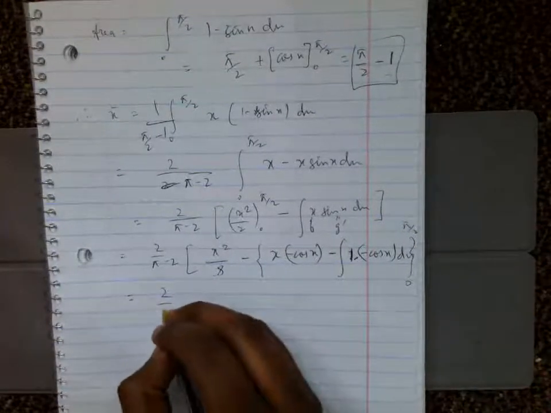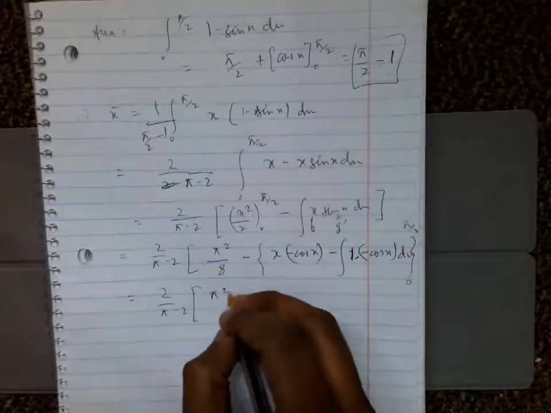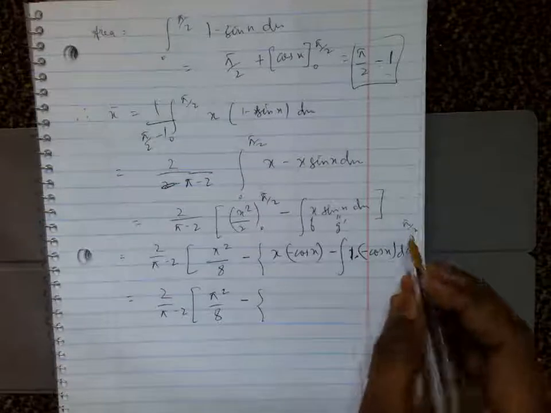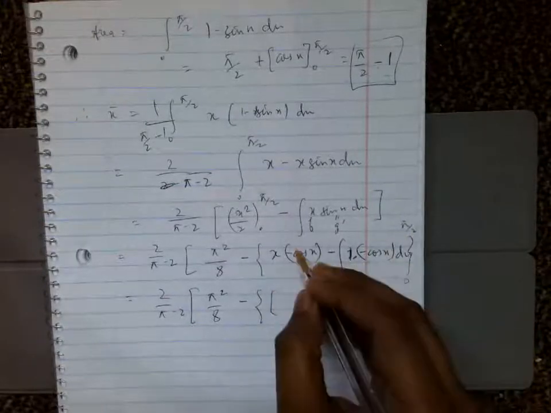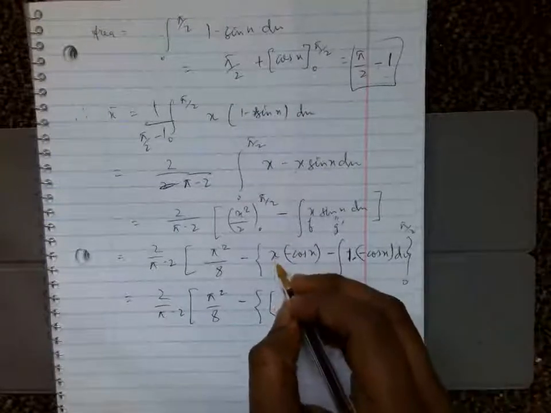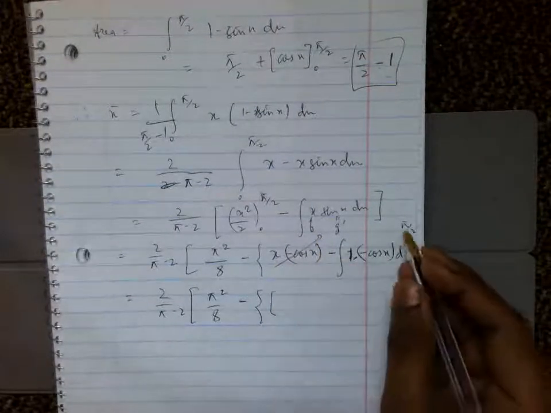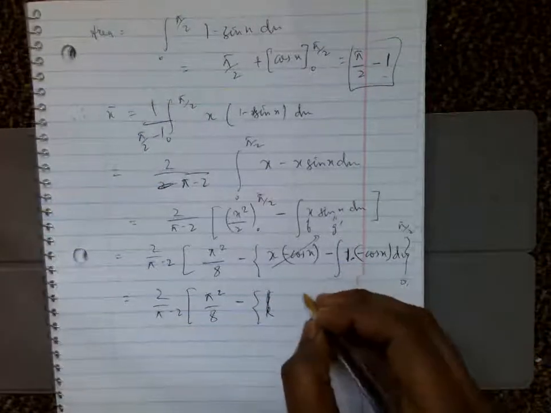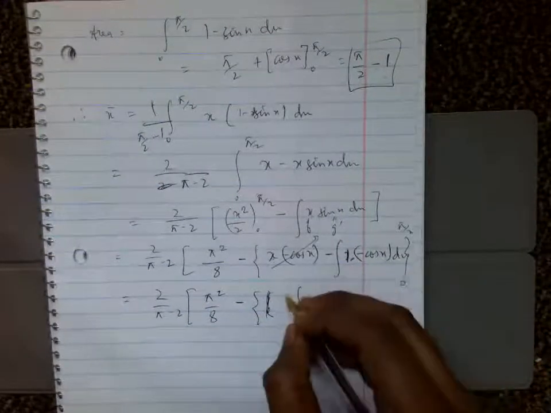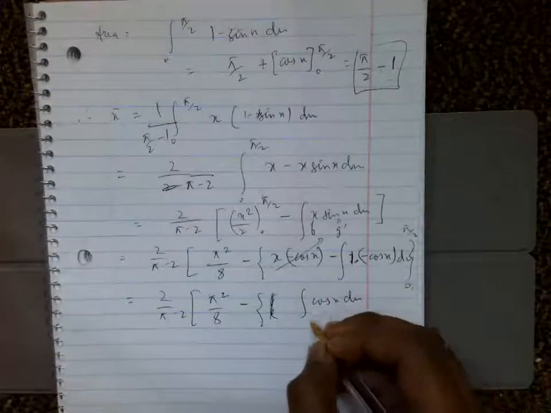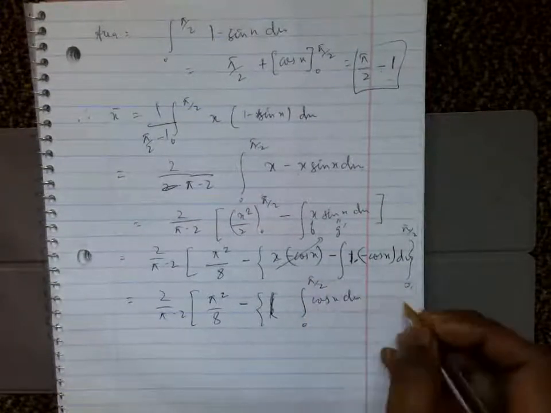So we'll have 2 by pi minus 2 times pi square by 8 minus. Here you will substitute pi by 2, cos 90 would be 0, and when you substitute 0, x is 0. So this term will cancel out when you substitute the limits. So you will have minus the integration of cos x dx, because this minus and this minus will give us a plus sign.